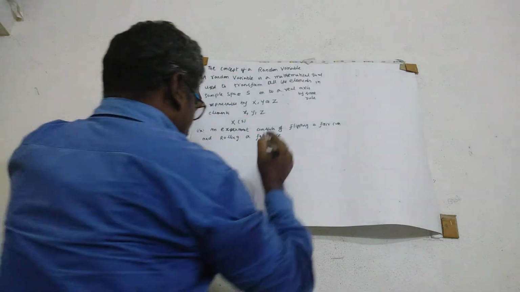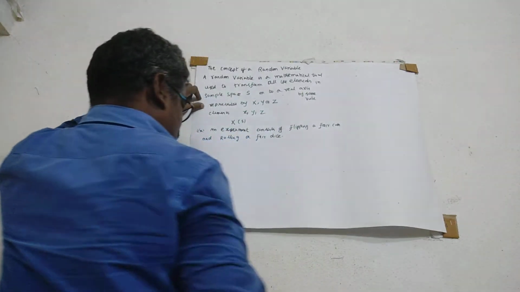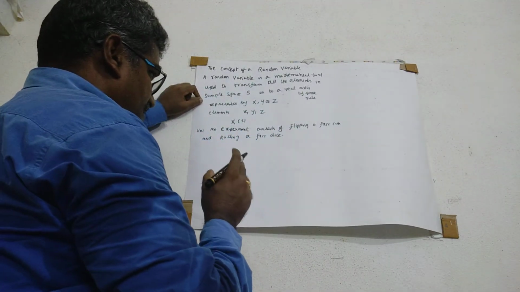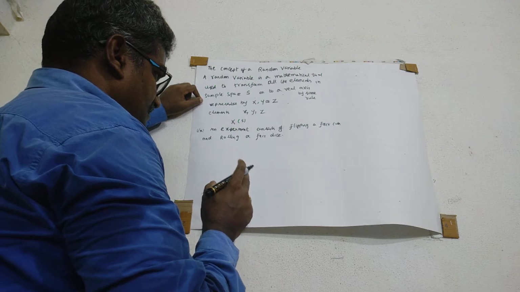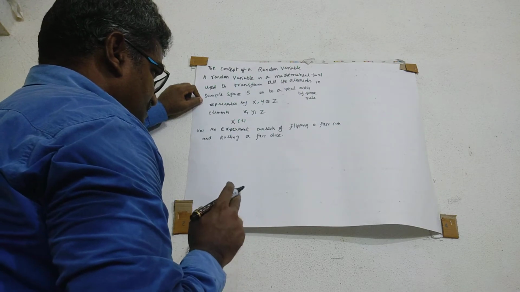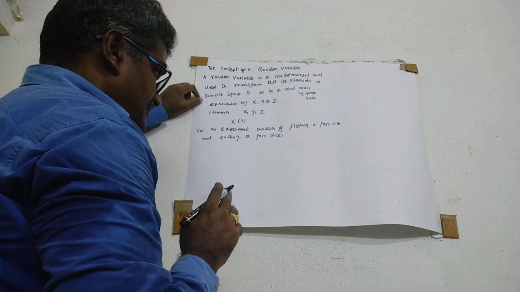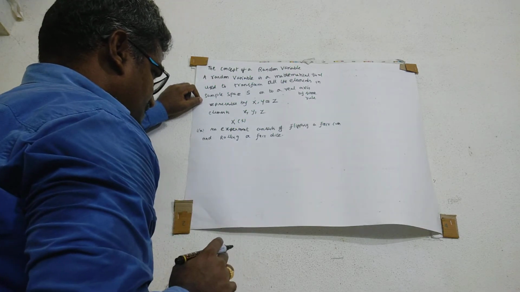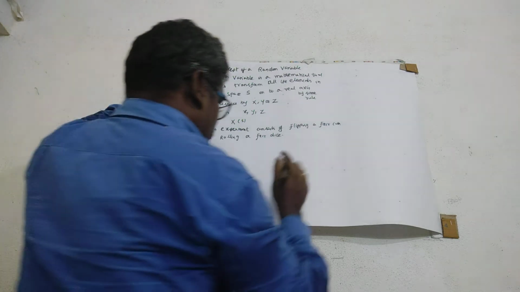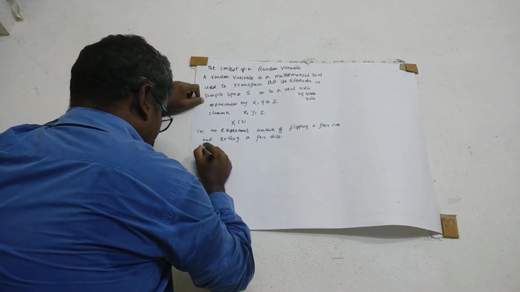We are doing two different things: one is flipping a coin, the other one is rolling a dice. Then we need to apply some rules here. What are the rules applicable here? Say for example, rule 1. We define it like this.